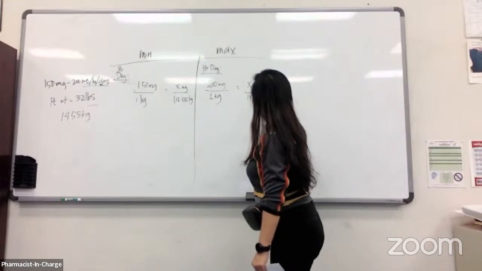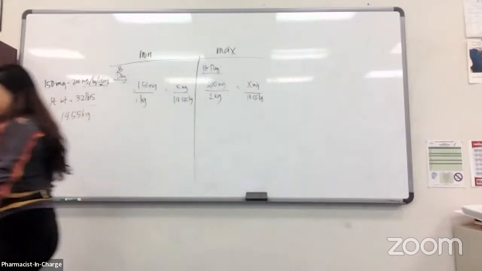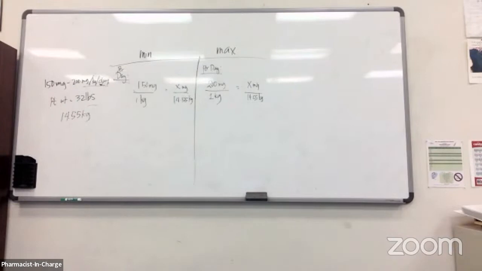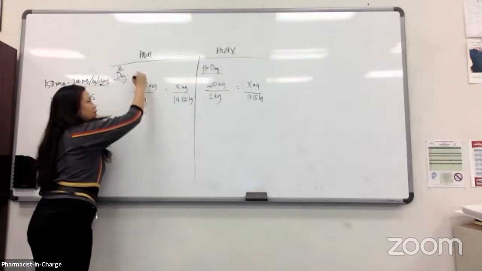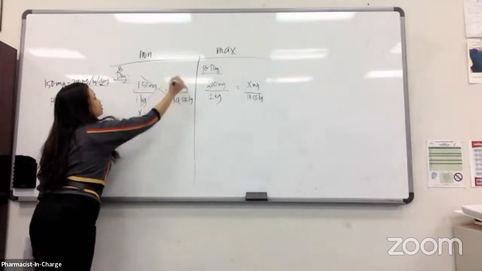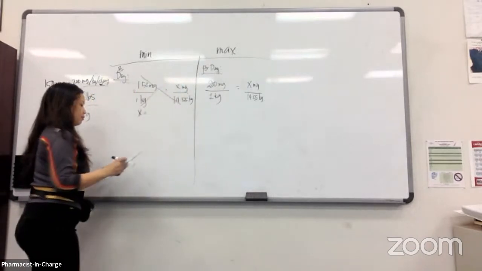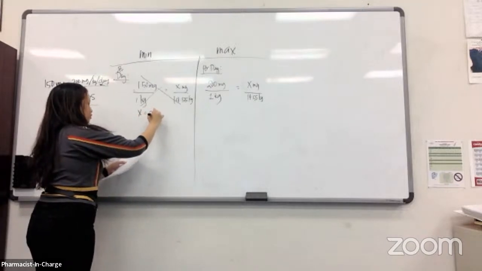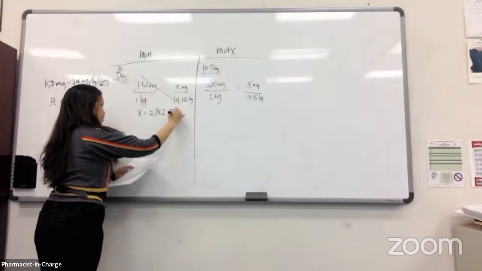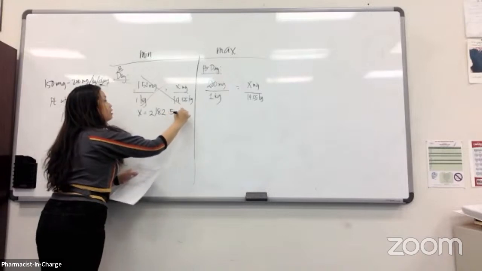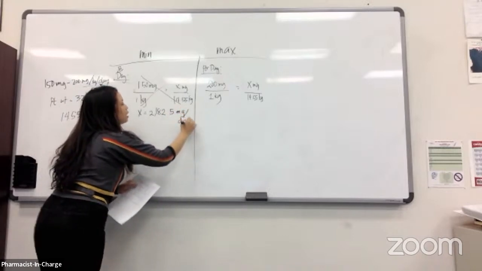Usually just finish one side and then move on. But I wanted to show you the minimum and the maximum afterwards. So just finish one side, then jump to the next. Now my X will be cross multiply the concentration proportion. Answer: 2,182.5. Milligrams I will put per day, so I'm not lost.